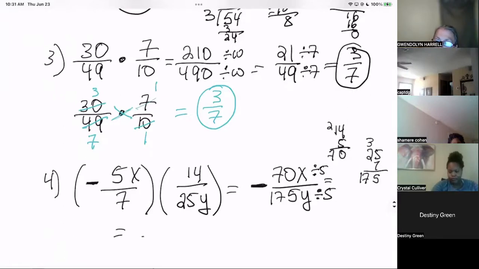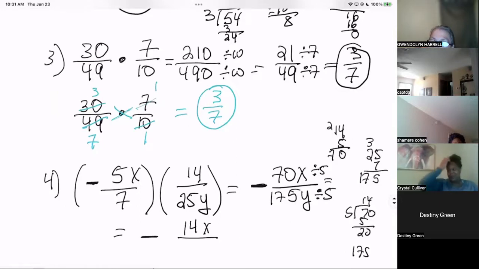My negative is still there. 70 divided by 5 is 14, so 14x. 175 divided by 5 is 35. That's going to be 14x over 35.